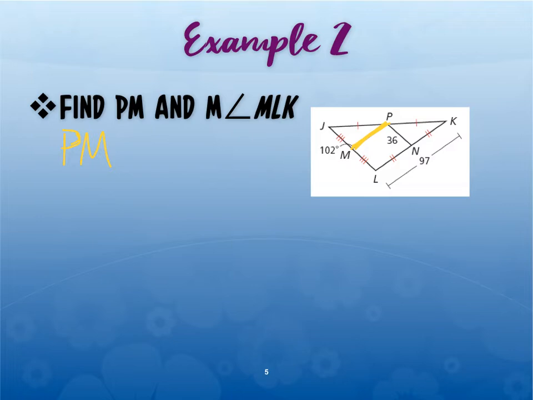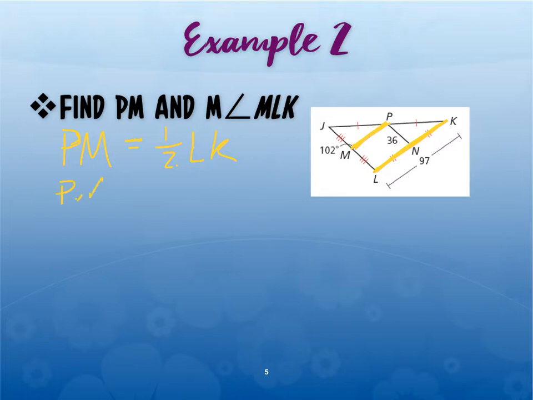LK, and you just go L to K and cut that in half. Because PM is half of LK. So PM is equal to 1/2 LK. What's the measure of LK?